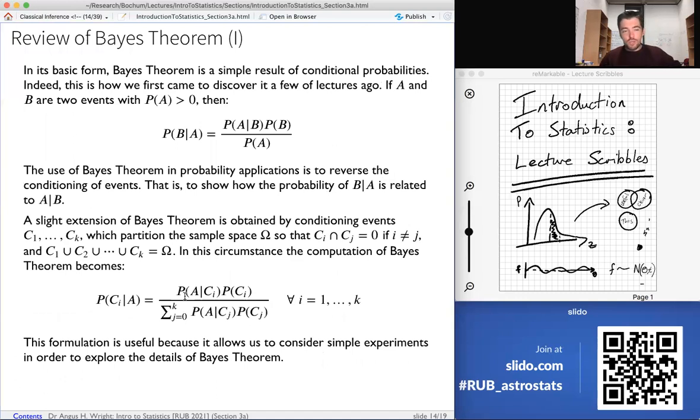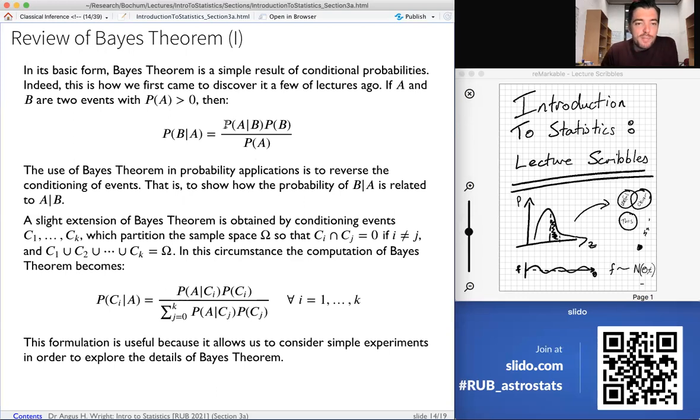We're going to go through now and talk about Bayes' theorem. We've already looked at it a little bit, so I'm going to go through this reasonably quickly. What we looked at was how it basically came out of conditional probability.